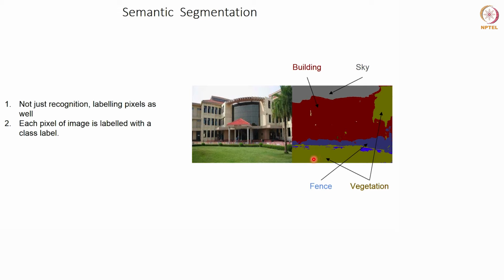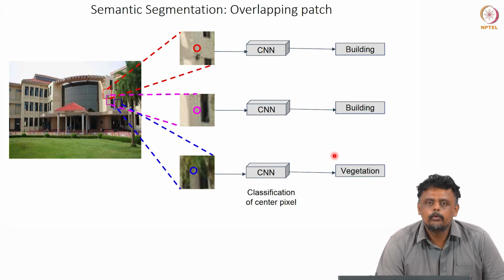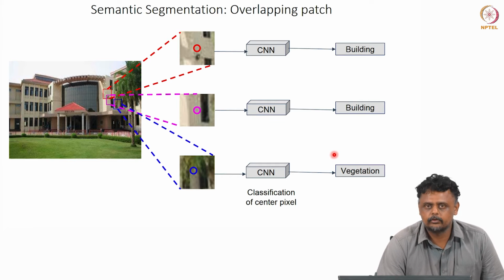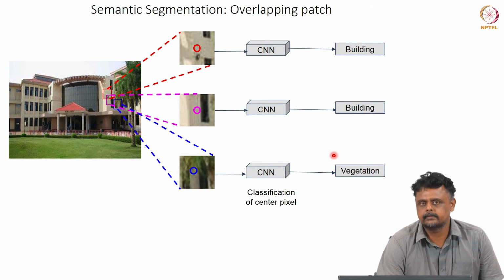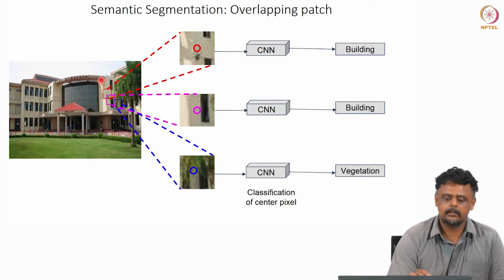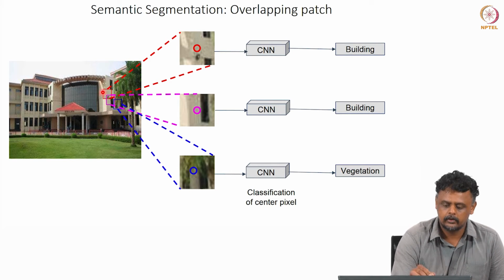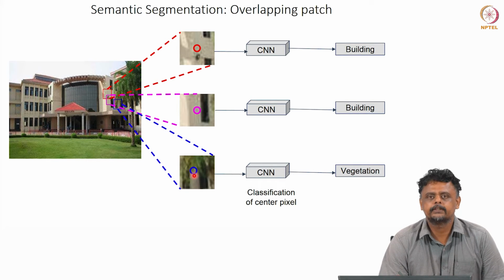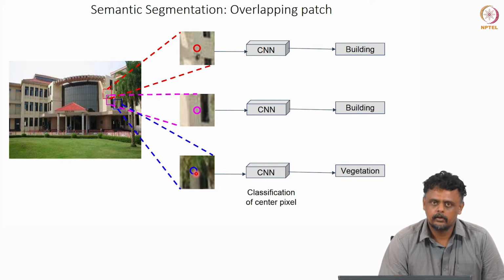So how would you accomplish this with some of the networks that we have seen so far, with a regular conventional CNN? Take this input, the same scene of a building surrounded by lawns. What we typically do is take patches of certain sizes, let's say 64 by 64 patches, and give them as input to the convolutional neural network to classify it as belonging to one of n classes.